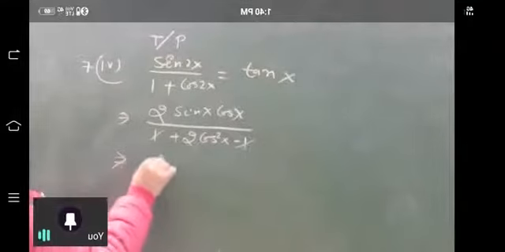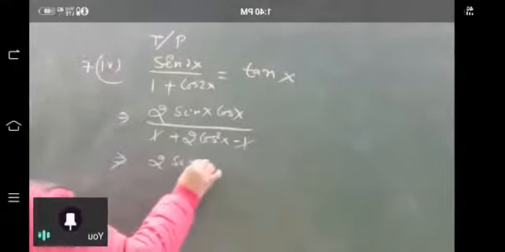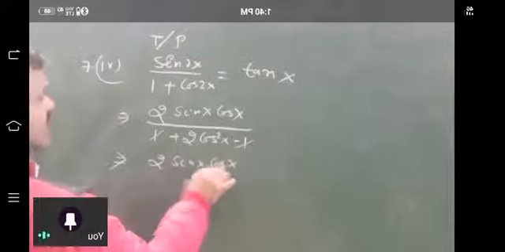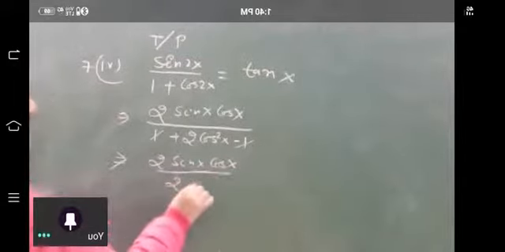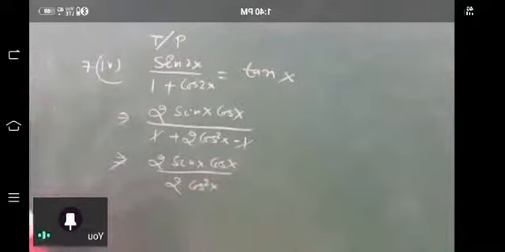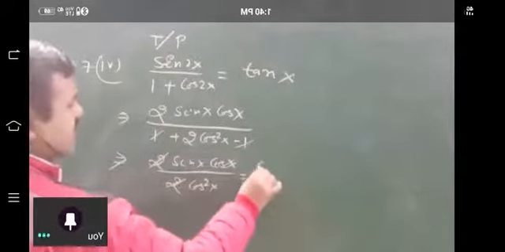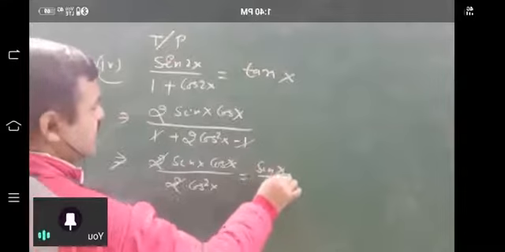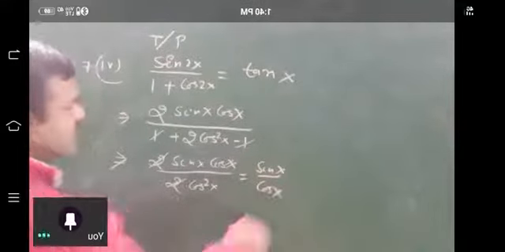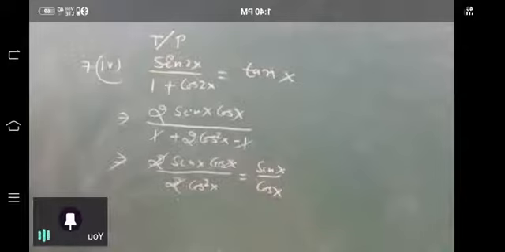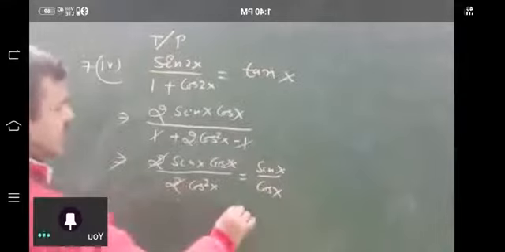Then the remaining is 2 sin x cos x divided by 2 cos square x. Here 2 and 2 cancel out, cos x cancels out. Then the remaining is only sin x upon cos x, and you know sin x upon cos x is tan x.